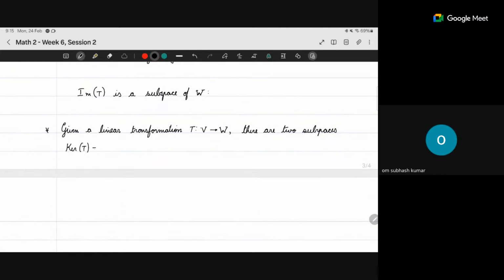Kernel of T, which is the preimage of 0, this is a subspace of V, and image of T, this is a subspace of W.